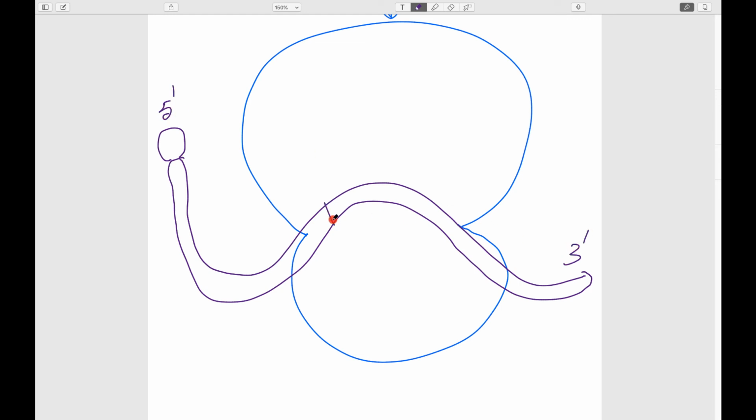Somewhere here we have the AUG. The binding of the cap is taking place here, the E is attached here. Then we have this one.